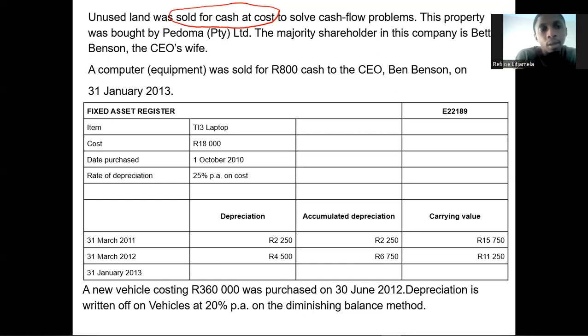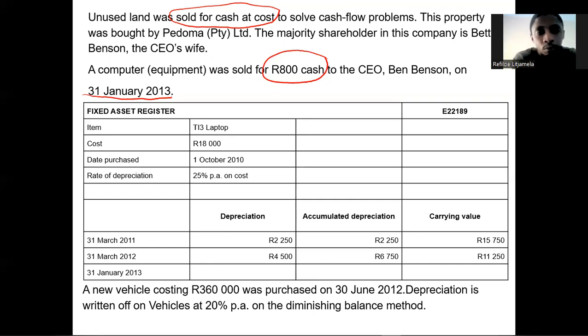Then, a computer equipment was sold for 800 cash. It was sold to the CEO, who is Ben Benson. Remember, the majority shareholder is his wife. So it was sold to the CEO for 800 rand on the 31st of January 2013.